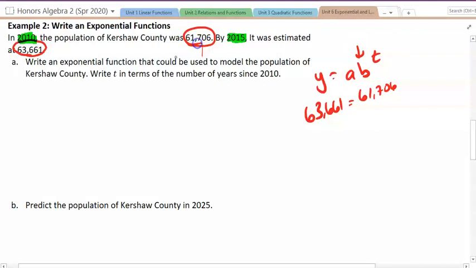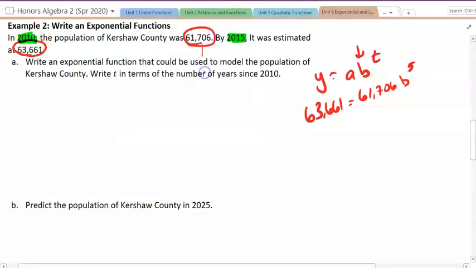And so obviously we're growing, so whatever b value I have will be larger than 1. Again, it's going to be 1 point something unless we're growing at a super fast rate. But obviously we didn't grow and double our population in just a few years. And then our t, 2010 to 2015 is how many years? 5.